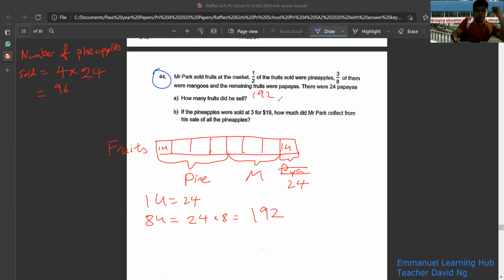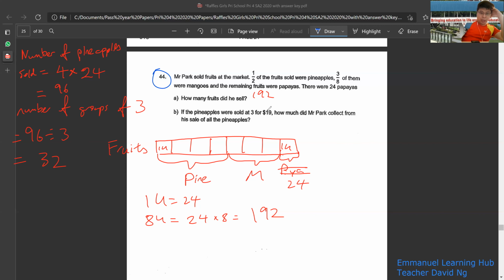Okay. Then he says that pineapples are sold at 3 for $19. So number of groups of 3. You understand why I divide by 3? Yes. So 32 groups of 3.